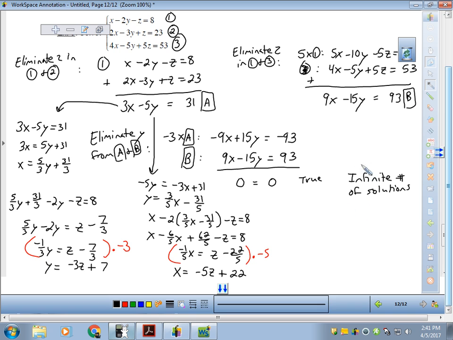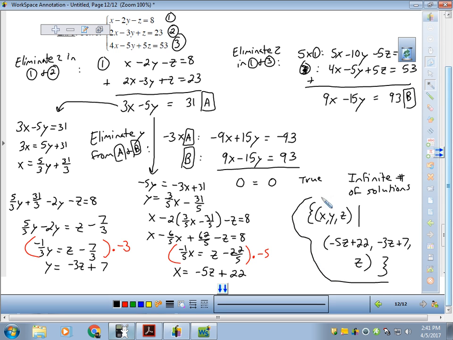So now we're actually ready to write our solutions to our system. It's x comma y comma z, such that x is negative 5z plus 22, y is negative 3z plus 7, and z is z. Okay.